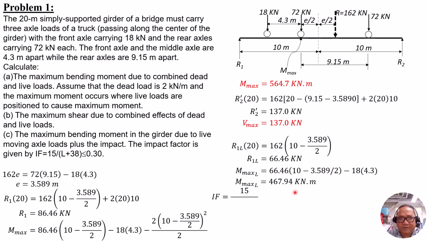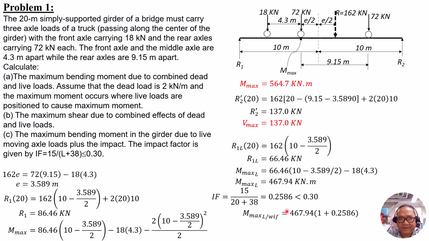So Mmax due to live loads only would be equal to 467.94 kilonewton meter. Then the impact factor is 15 over 20 plus 38, and that's 0.2586, less than 0.3. So that's why we use 0.2586.